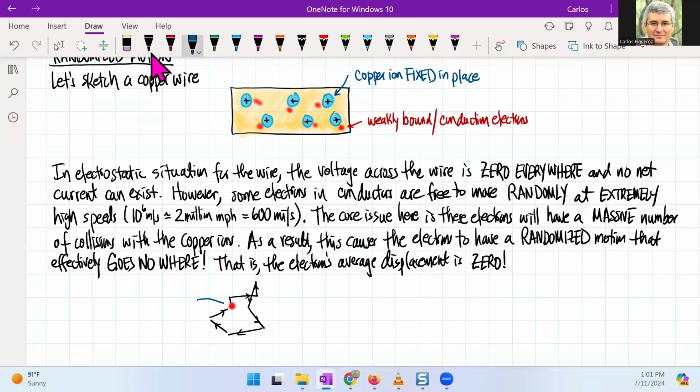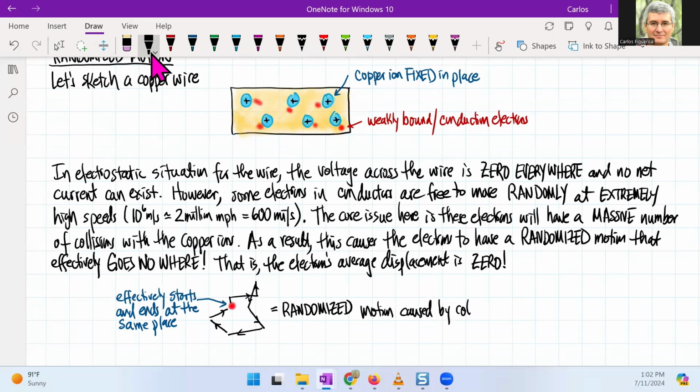So once again, right in here, we could say that it effectively starts and ends at the same place. This motion is what I call the randomized motion caused by collisions.